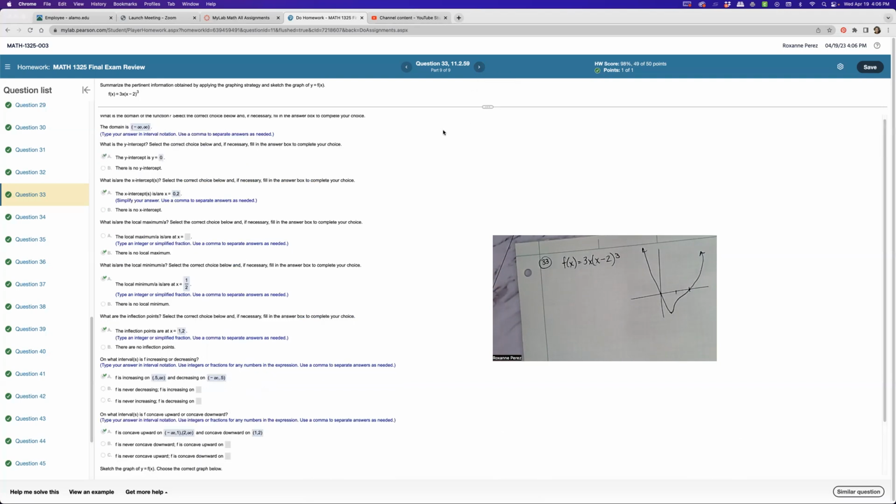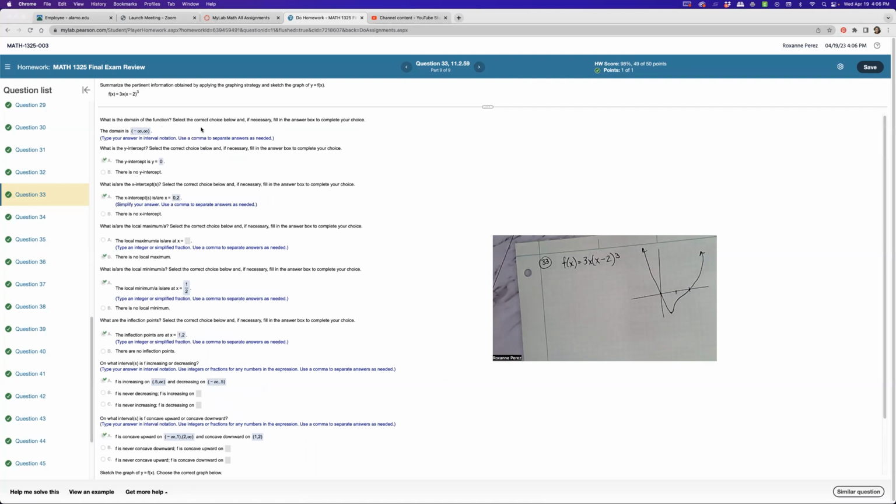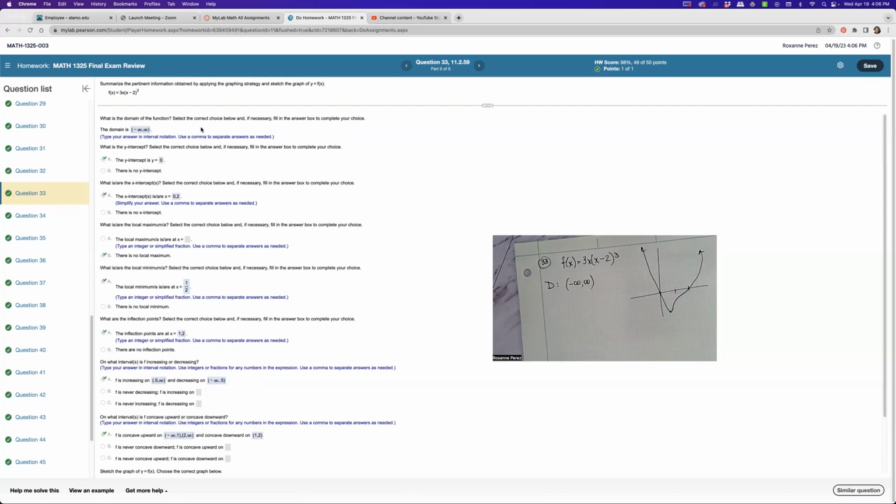Okay. So let's see, what is the domain of the function? There's nothing disrupting this function. There's nothing in the denominator. There are no crazy factors. So the domain is -infinity to infinity. All right. What is the y-intercept?